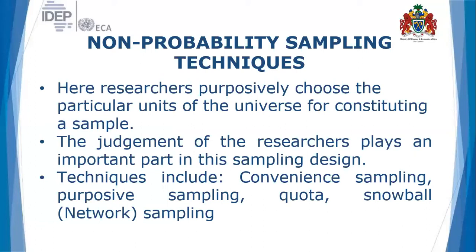That means the judgment of the evaluators or researchers plays a key part in the sampling design. There are several techniques under non-probability sampling, which include convenience sampling, purposive sampling, quota sampling, snowball sampling, and many others. But for the purpose of this discussion, we'll focus on these.